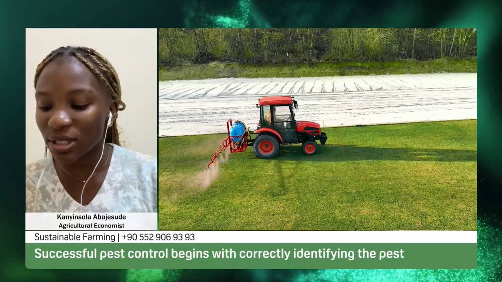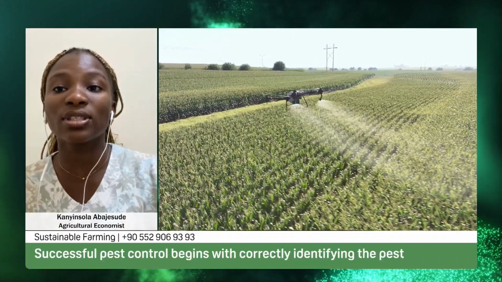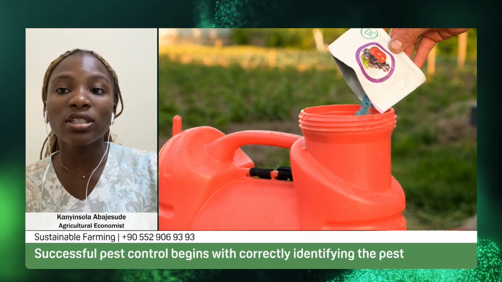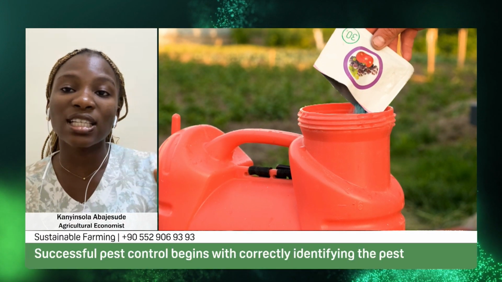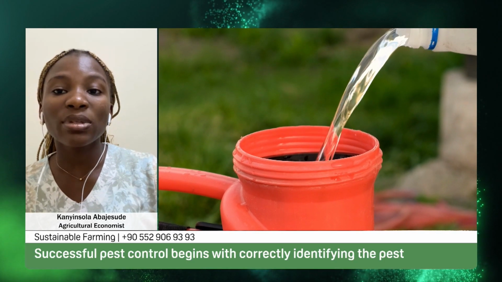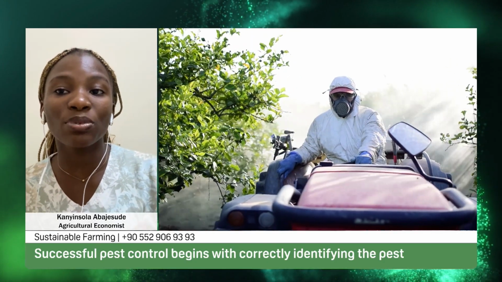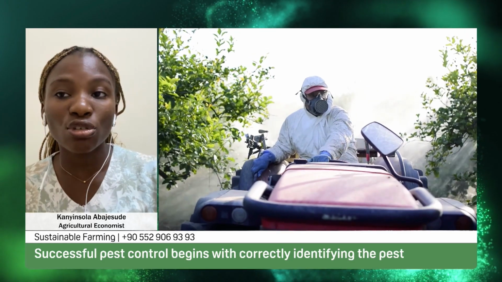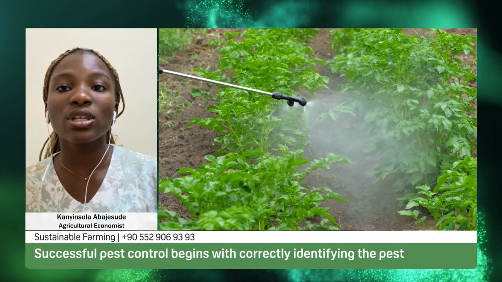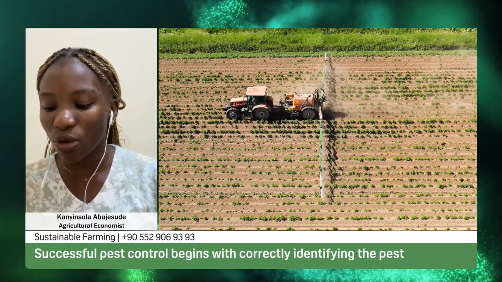You have to see how they eat the leaves, how the leaves look, the color. The damage that is being done goes a long way in determining the pesticide control you are going to do. So you have to pay very good attention to the damage.